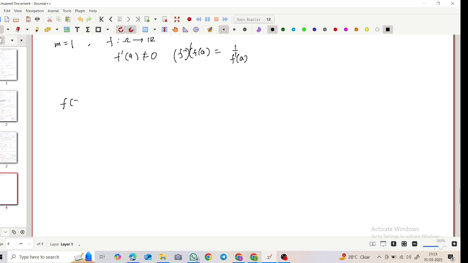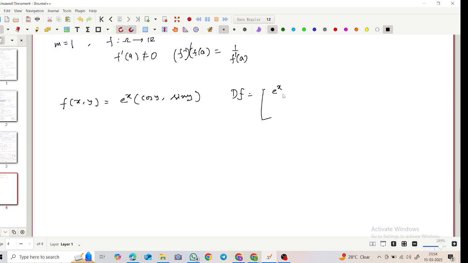Okay, so I am going to talk about this map. f of x comma y, I write it as e to the power x times (cos y, sin y). So what is the Jacobian here now? What is df?